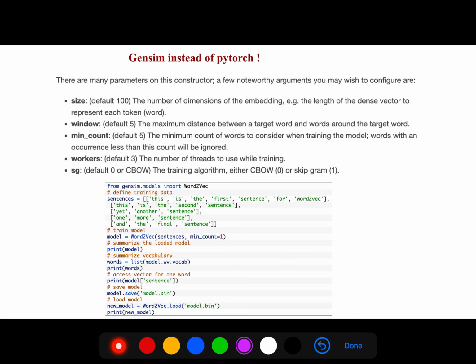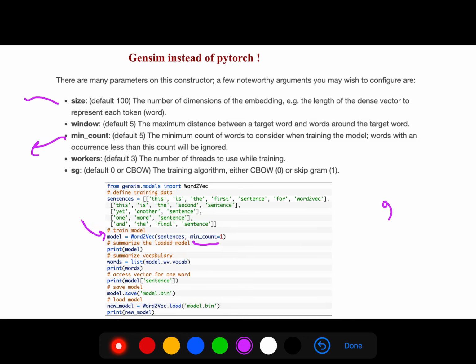So in Gensim, you import word2vec and you give the model, but it has some parameters. For example, min count is a parameter. The default is 5. It is the minimum count of words to consider. For example, words with less than this count are ignored. The other important parameter is the size.